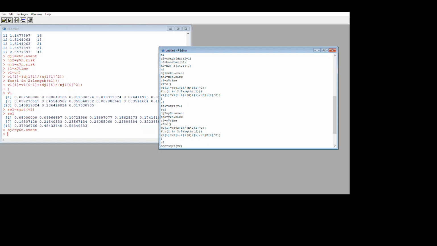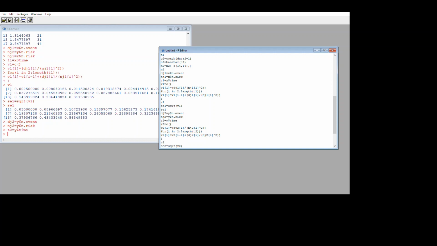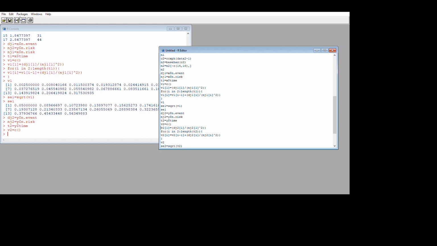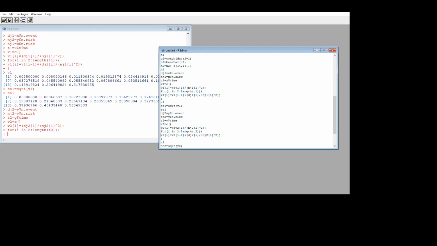We define dj2 equal to the number of deaths at each ti, nj2 is the number of individuals at risk at each ti for treatment B, and t2 is the exact time for treatment B. Then v2 equal to, we create a space, and we index the first element of v2 equal to the ratio dj2 divided by nj2 square, and similarly we use a for loop to compute the remaining elements.